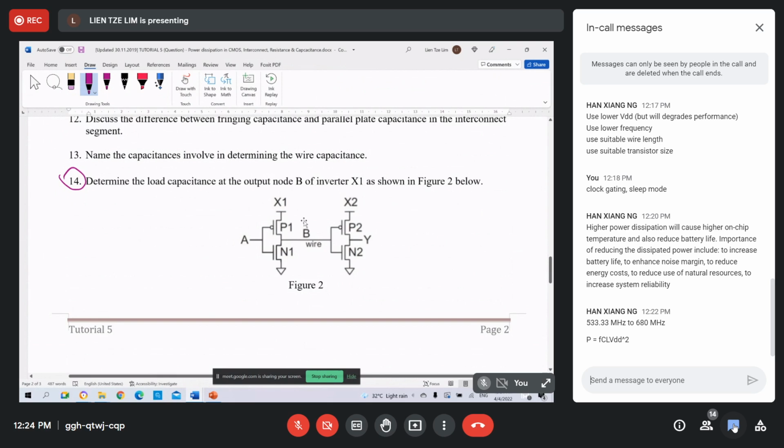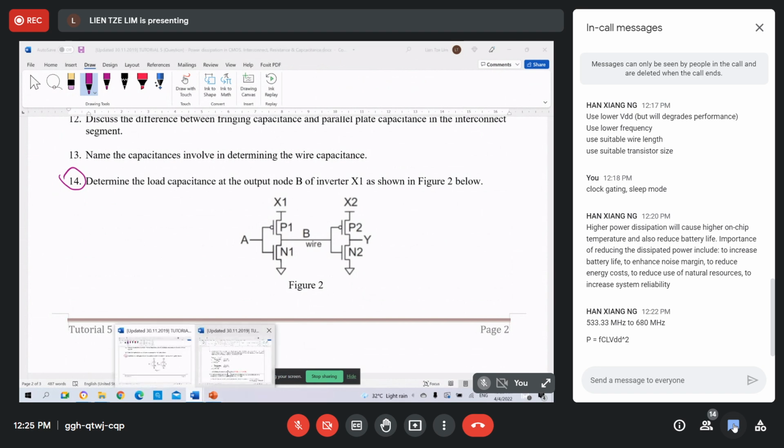This is figure 2, with two CMOS inverters. For this one, we have to draw the capacitances and determine the load capacitance at the output node B. If you refer to the lecture notes, you should be able to figure out which and where to draw.